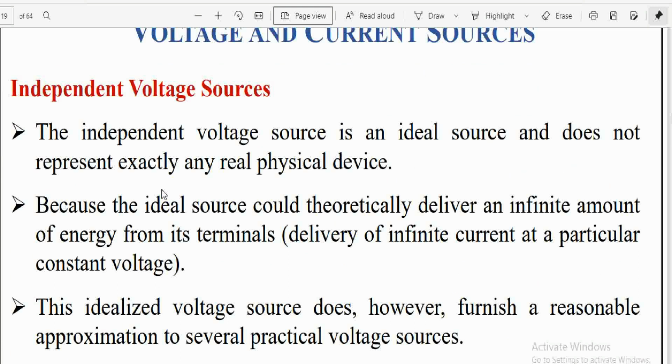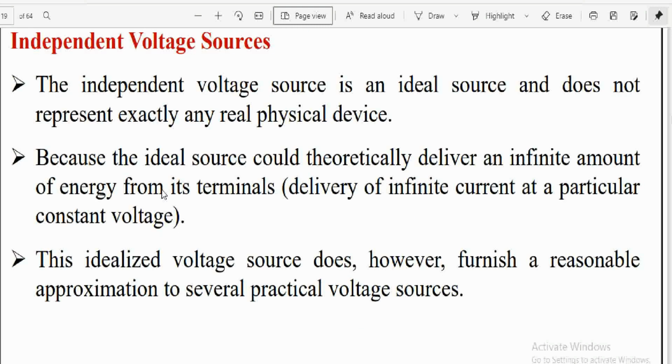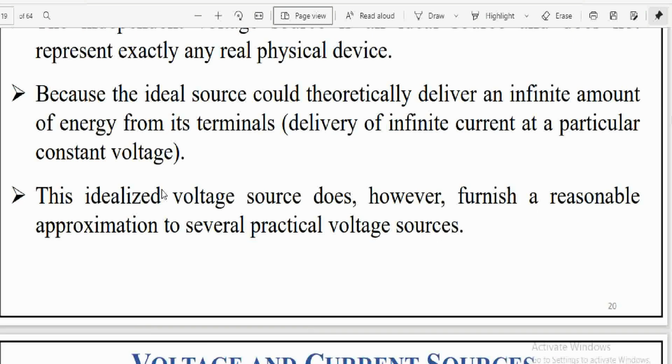Because it is an ideal source, in real time we won't find it. An ideal source could theoretically deliver an infinite amount of energy, an infinite current at a particular constant voltage. This ideal voltage source does, however, furnish a reasonable approximation to several practical voltage sources.